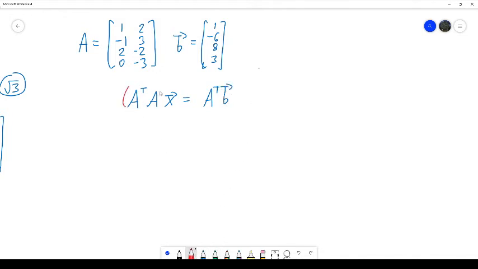A transpose A is going to be just a single matrix, and that's like our coefficient matrix in this equation, and then these over here are going to multiply to make a single matrix, and this is like our constant vector on the other side of this equation. So the general form of this equation is still AX equals B. It's just that we're using this matrix to represent the coefficient matrix. We're using this vector to represent the other side of the equation.